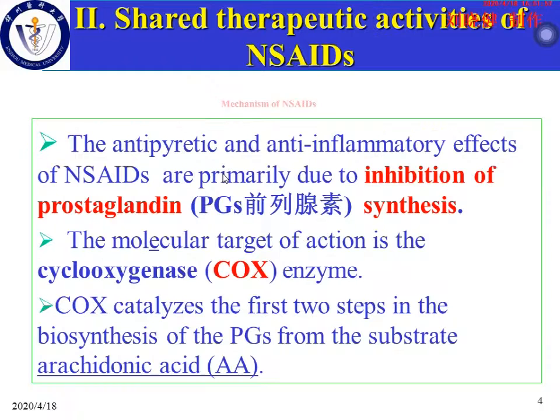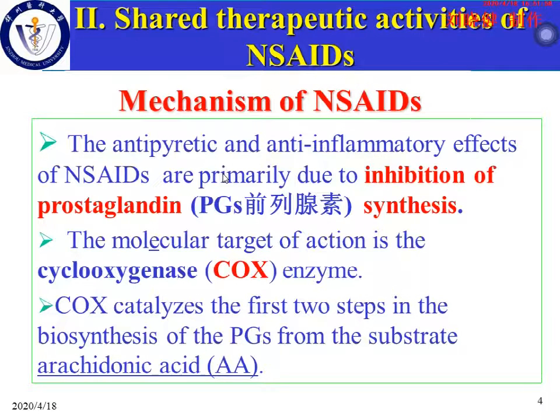Now, look at the mechanism of anti-inflammatory drugs. In this family, the antipyretic and anti-inflammatory effects of non-steroidal anti-inflammatory drugs are primarily due to inhibition of prostaglandin synthesis.